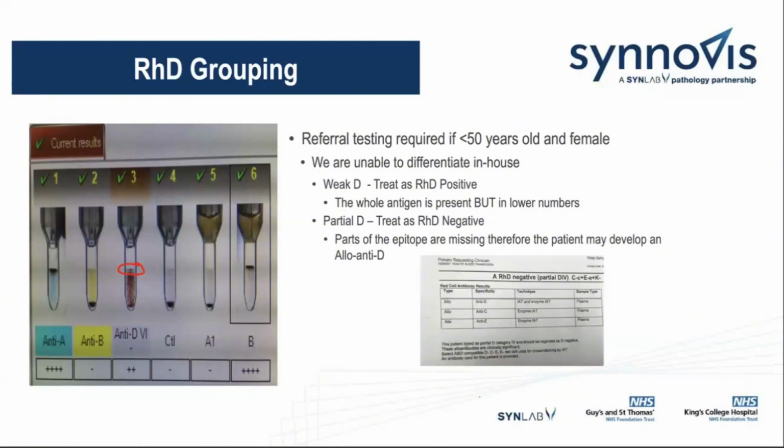In this example, we've got the report here from our National Blood Service that did the testing. She was A negative. We're treating her as negative because she's a partial D, and she has already made an allo anti-D. Because she only had certain epitopes, she had the ability to make an allo anti-D.